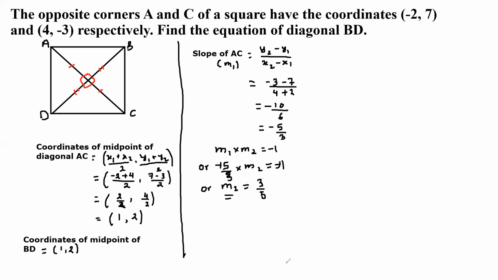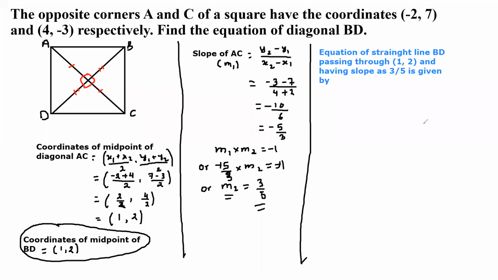Now here we got a point on BD, which is 1 comma 2. You can see it here. And we got the slope of BD, which is 3 by 5. Now see, if a straight line has a slope and a point, then we can use the point and slope form in order to find the equation of the straight line.